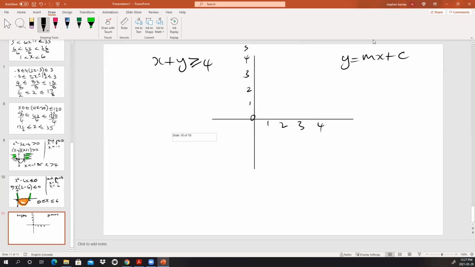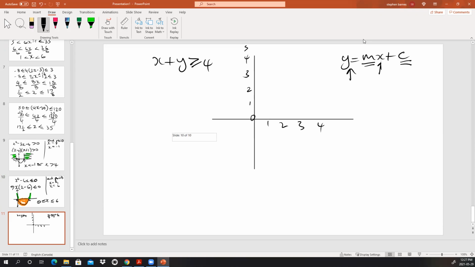Where c would represent the intercept on the y-axis, and of course you have your gradient or slope. M is the gradient or the slope, and then you have your x coordinates here and your y coordinates here.